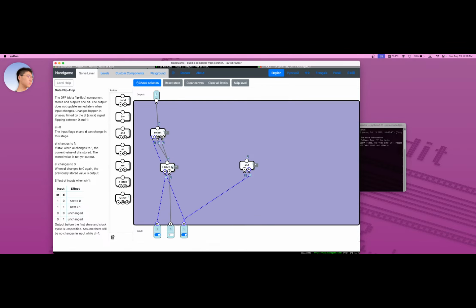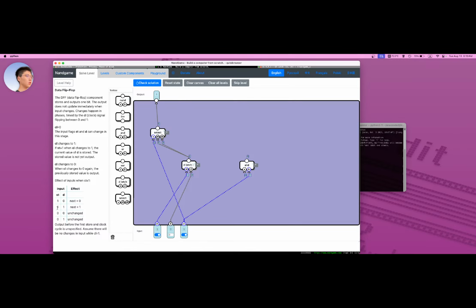Okay. What can we use? Let's think. Look, if st is 1, d is 0, output is 0.